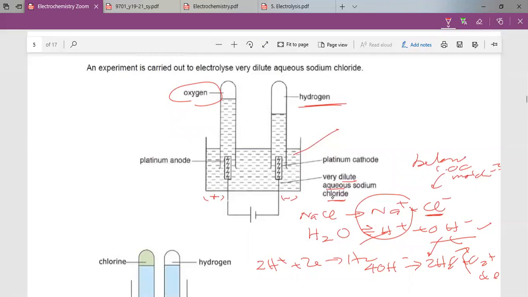If these two are given out, that means the concentration of the cell will increase, and later it becomes concentrated, which is here.